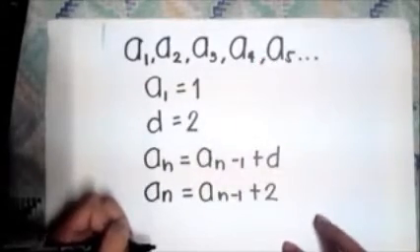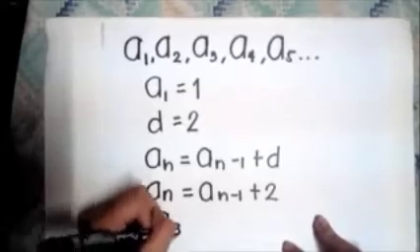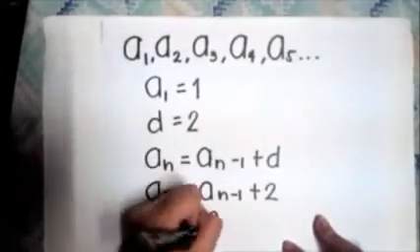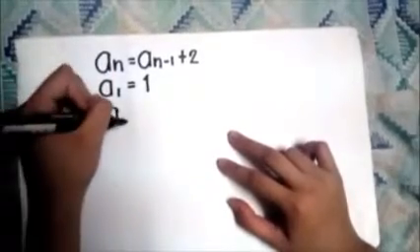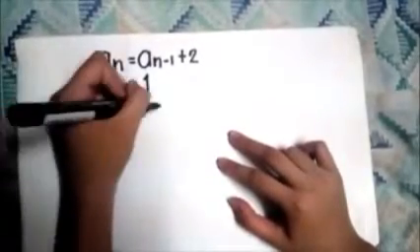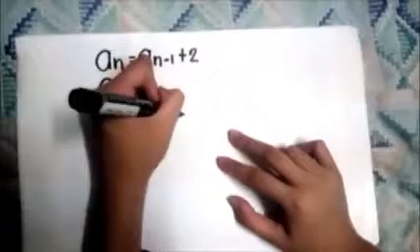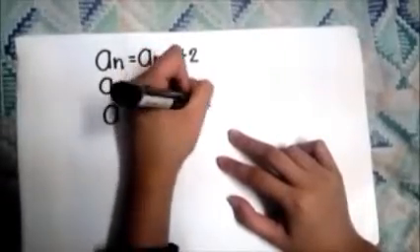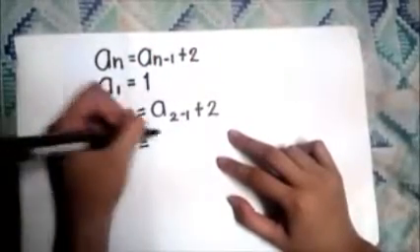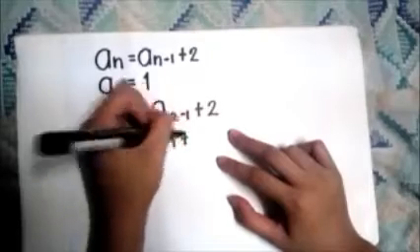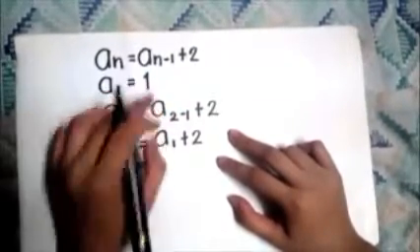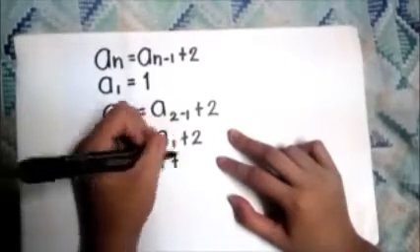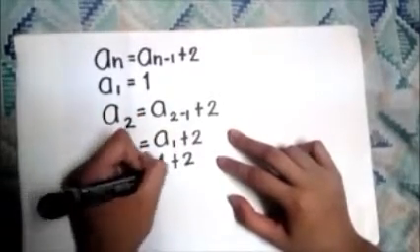So let's try to find a sub 3. Let's find first a sub 2. So a sub 2 is equal to a sub 2 minus 1 plus 2, which is equal to a sub 1 plus 2. We have the value of a sub 1, which is 1. So we have 1 plus 2 is equal to 3.